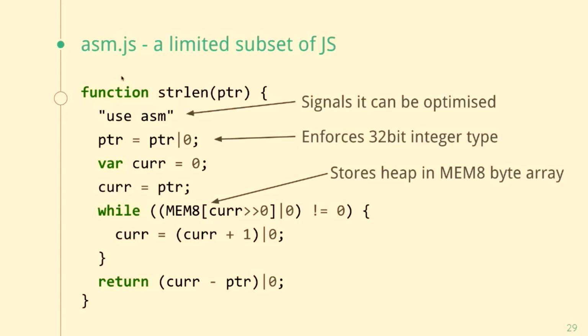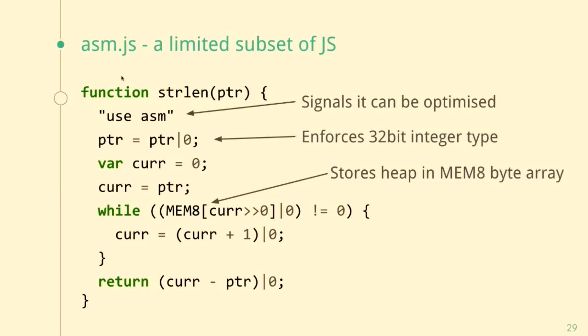You could take JavaScript and label certain functions as "use asm", and that would signal to the browser that this is not normal JavaScript, this is heavily optimizable JavaScript. It doesn't use normal heap variables. It will store the heap in a byte array of its own. And it will enforce the types on various things.